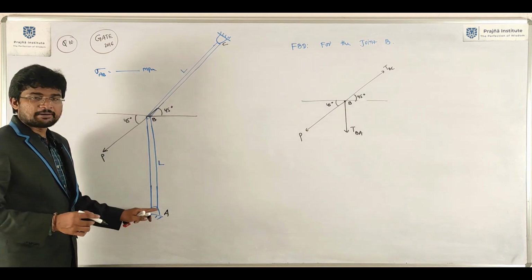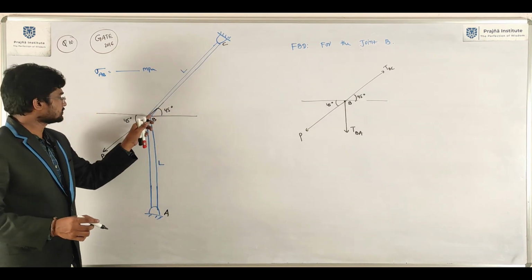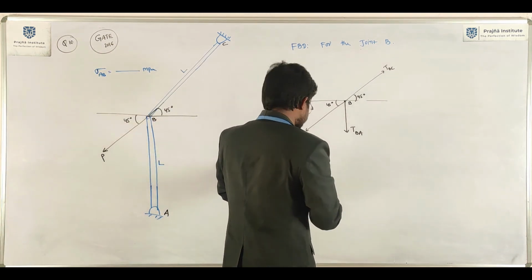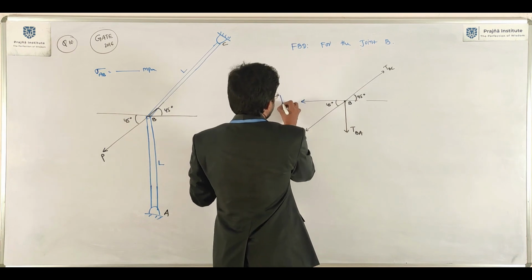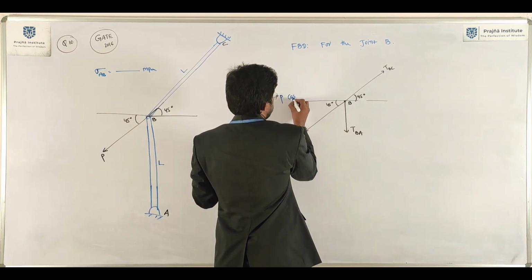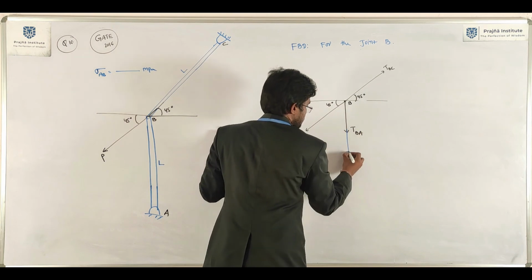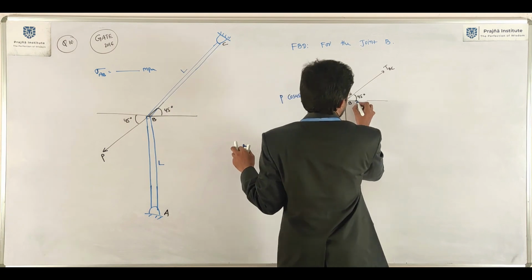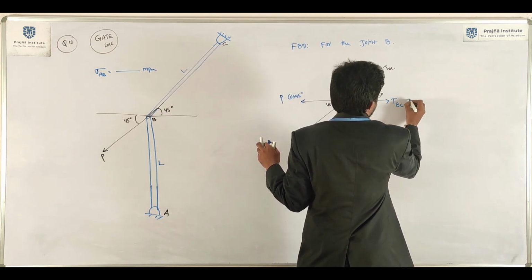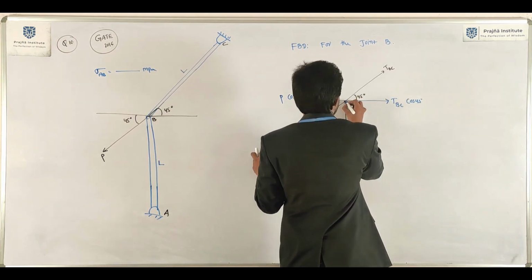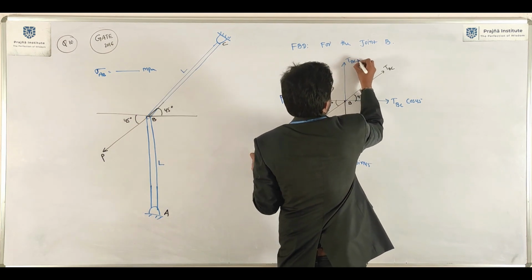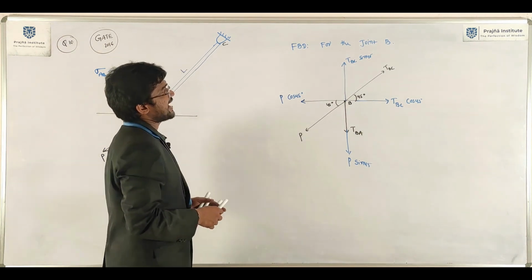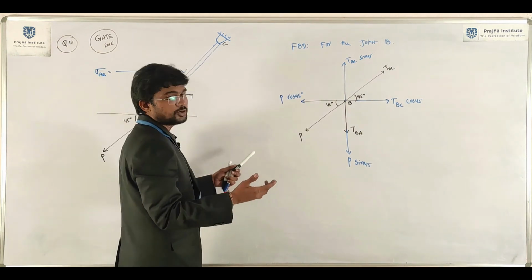One is TBA, TBC will come, and P is acting. Only 3 forces. Now resolve the forces. P cos 45, P sin 45. Next, TBC cos 45, TBC sin 45. So from the free body diagram for the joint B, just apply equilibrium equations.